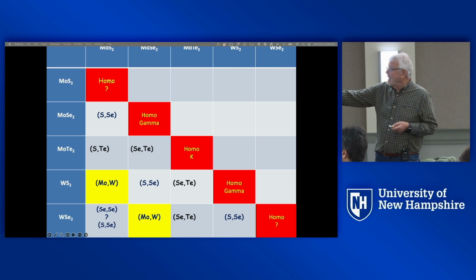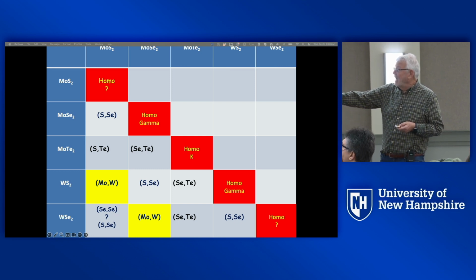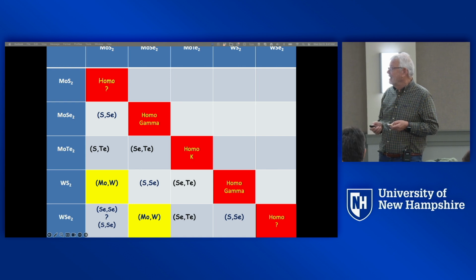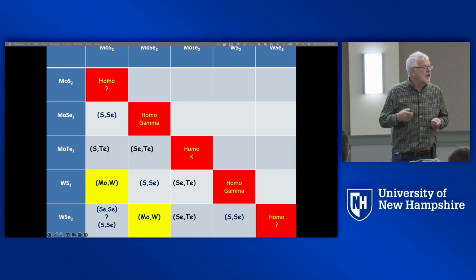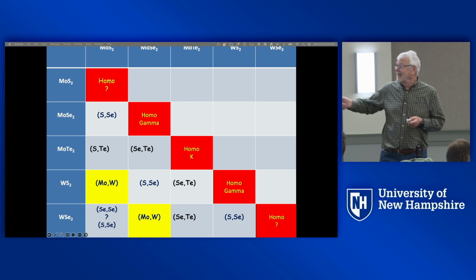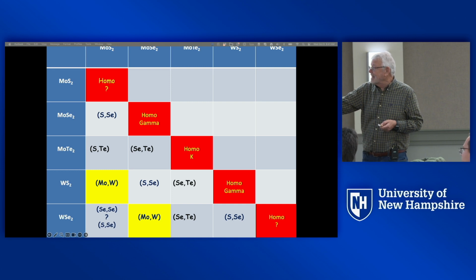You can also make hetero bilayers, and some of these hetero bilayers, the ones in yellow here that have a common chalcogen, it turns out the lattice constant in these systems is determined mainly by the size of the chalcogen atoms. So these have nearly the same lattice constant.